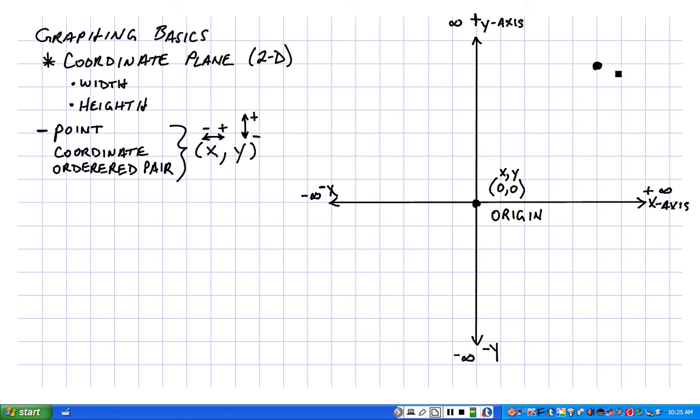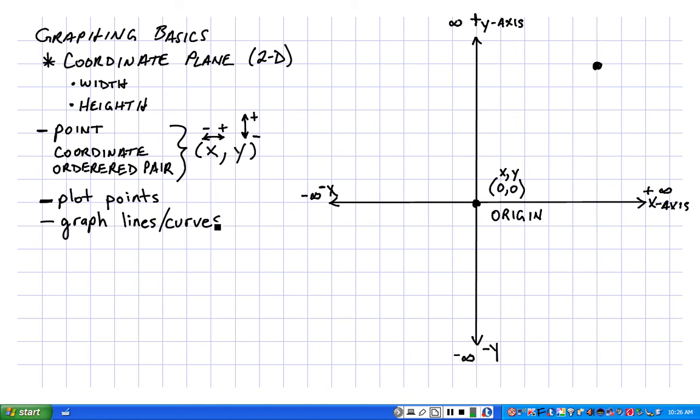Alright? Now when it comes to points, we talk in terms of plot. Okay? We plot points. We graph lines, or some people may say curves. Okay? We plot points, graph lines.